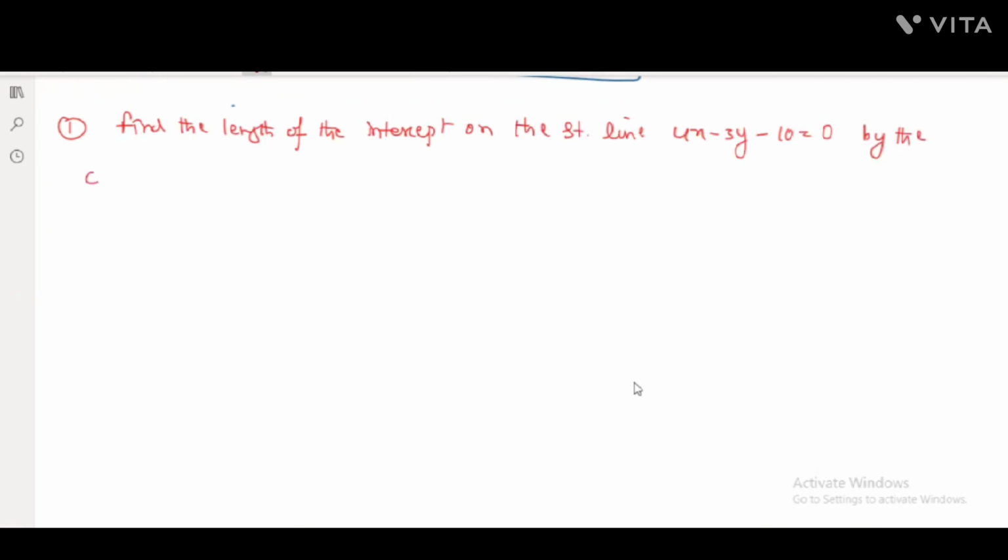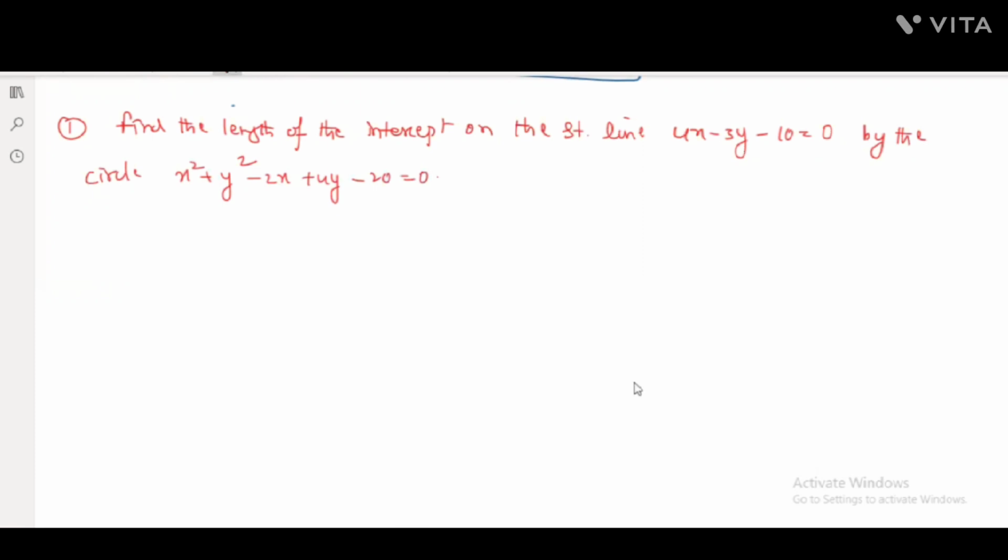Find the length of the intercept on the straight line 4x minus 3y minus 10 is equal to 0 by the circle x square plus y square minus 2x plus 4y minus 20 is equal to 0.